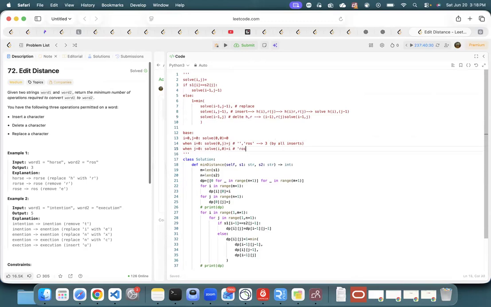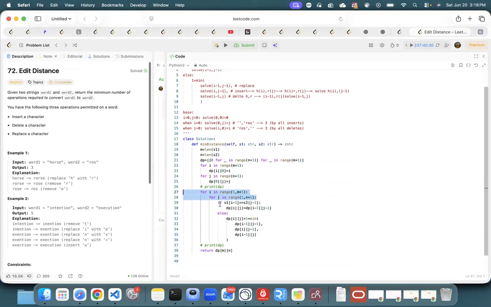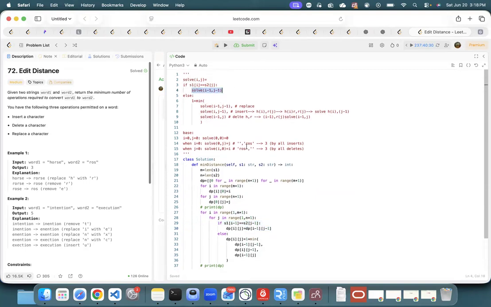These are the two base cases handled here. And then going back, I just have to do, if it is equal, similar to this. If it is not equal, similar to this.